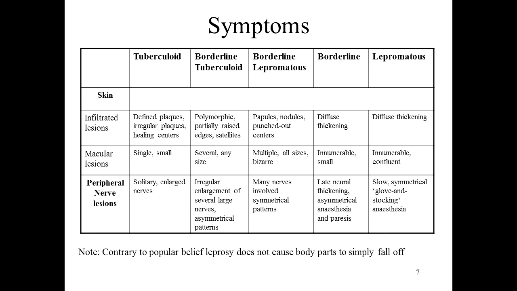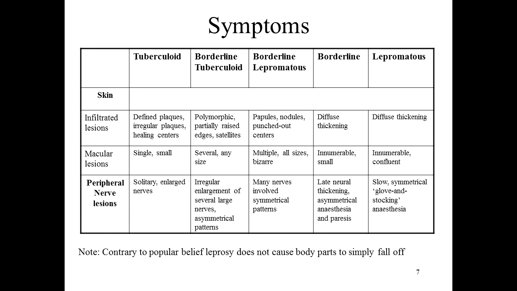Unlike tuberculoid, which has only a single lesion, the borderline has many and diffused lesions, so technically they cannot be counted. For the peripheral nerve lesions under the borderline, there is late neural thickening, which is asymmetrical, with anesthesia and paresis.